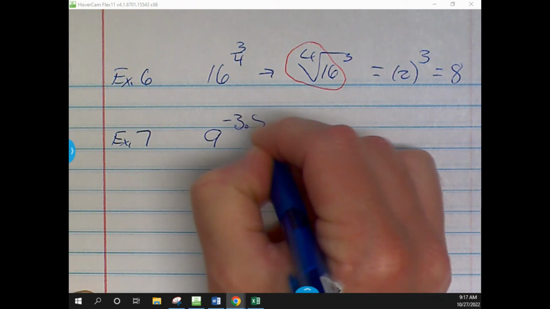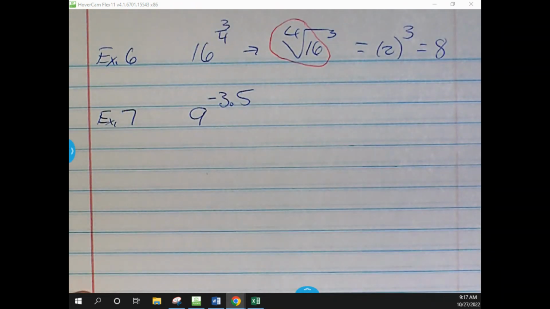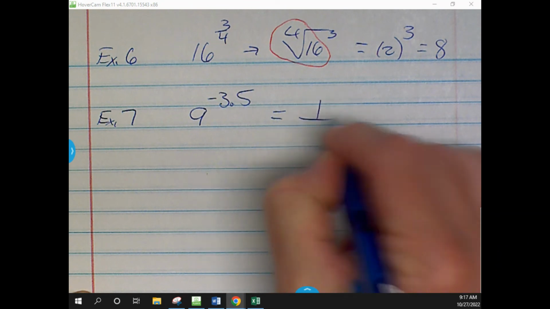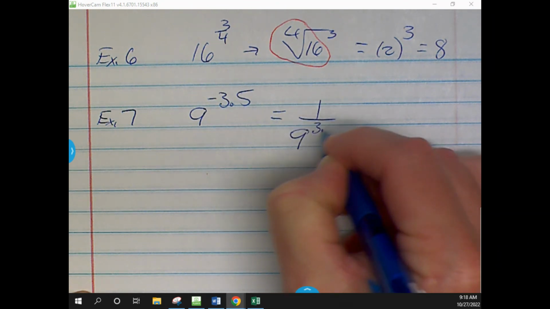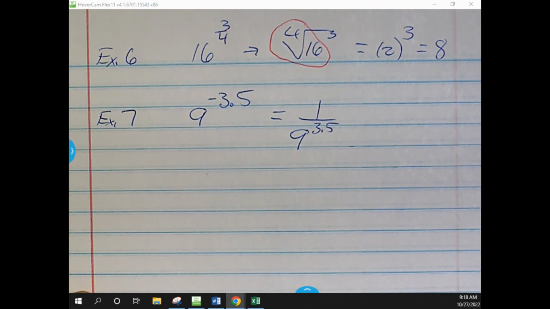All right, let's go with 9 to the negative 3.5. Again, in my mind, first thing I'm thinking is that negative is in the exponent. So I'm going to rewrite it as 1 over 9 to the 3.5. That way the negative is gone. We don't have to worry about the negative anymore.